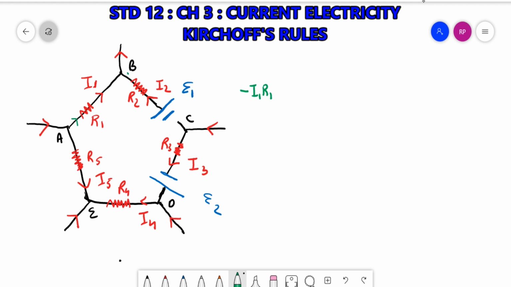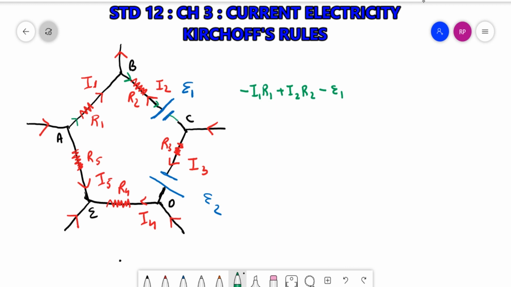Now when I move from B to C, our journey and the direction of current are opposite. So I should use plus IR, so plus I2 R2. I am using IR because V equals IR, that is the change in potential. Then in the battery I am going from positive to negative terminal, so I will use minus epsilon 1.